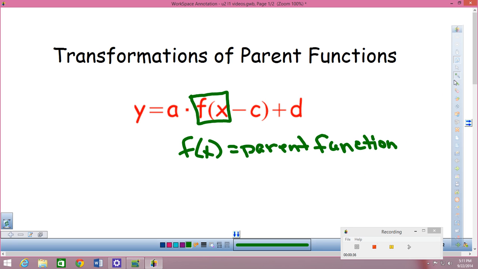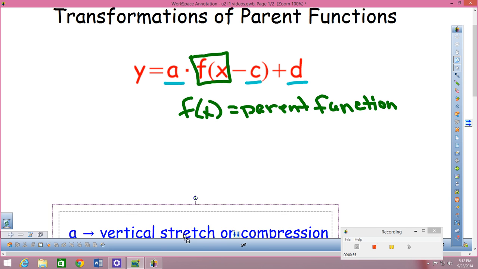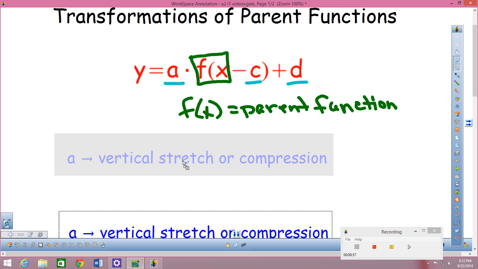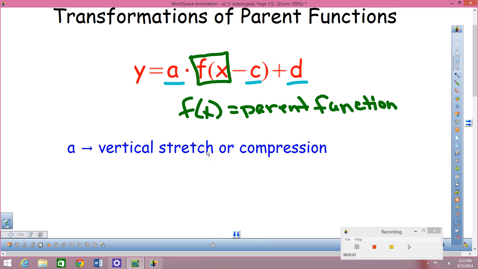Okay. So the components, though, that we are going to look at would be the a value, the c value, and the d value. Starting with the a value. The a value, the first thing that it tells us is whether this parent function has been vertically stretched or compressed.